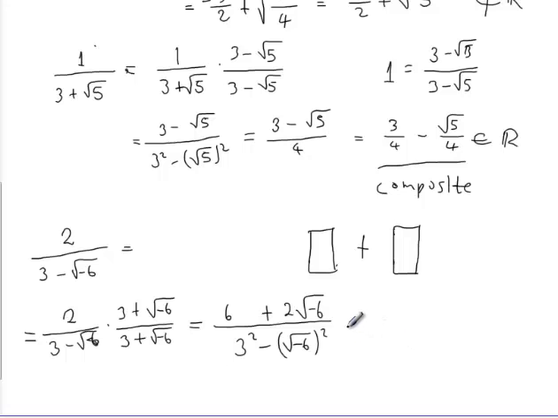The denominator is interesting. Just focus on the denominator. This is 9 minus 6, and at the top we've got 6 plus 2 square root of minus 6.